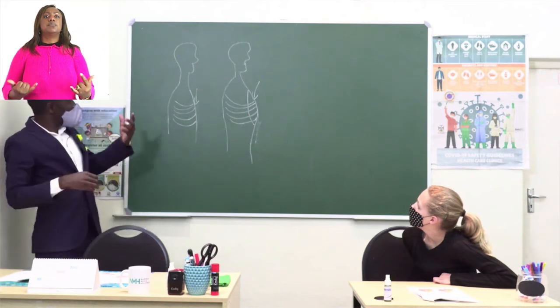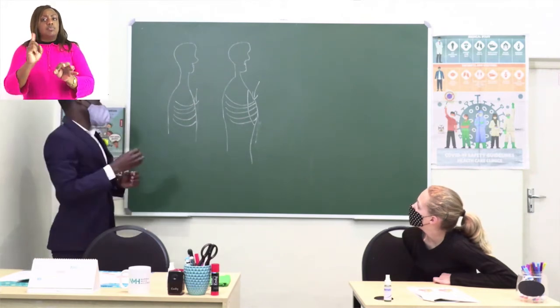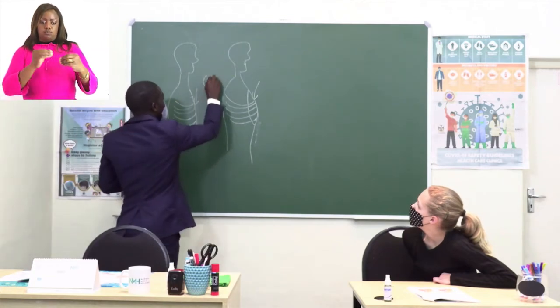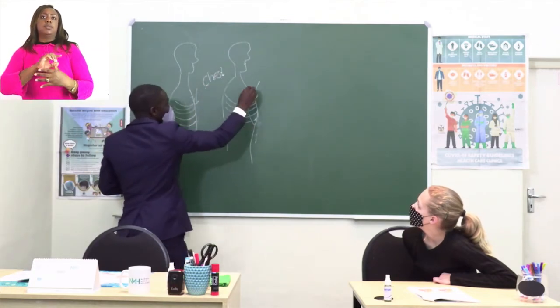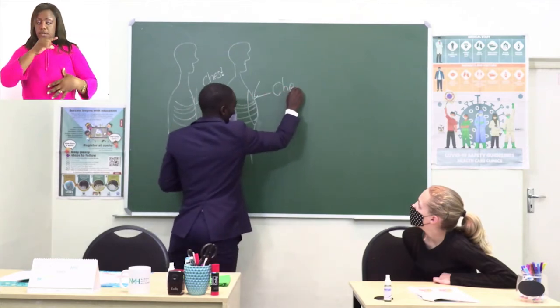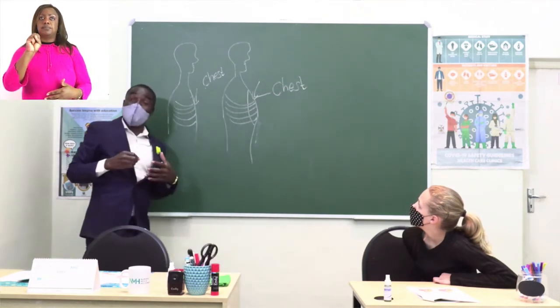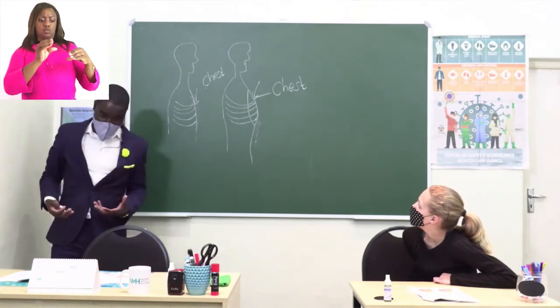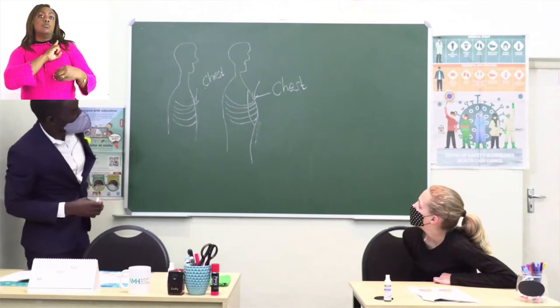Now, we are going to explain what causes the size of our chest, okay, to be different. Why is it important that our chest have different sizes during the process of breathing?